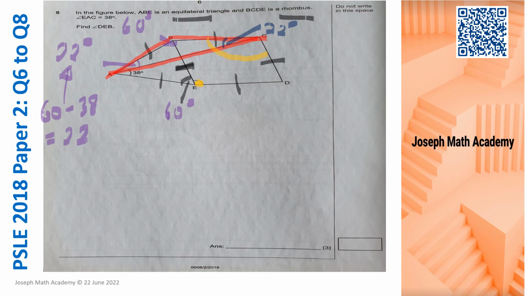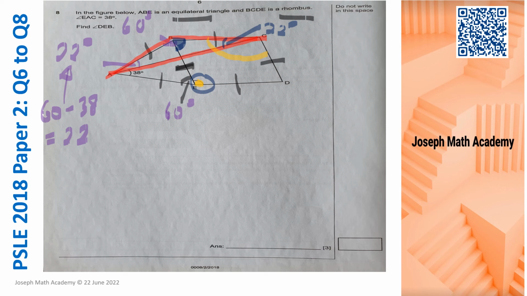Or we can even simply find this. Okay, I'm going to mark with this one. Okay, we find this. Once we find this, we can find this already because of angles in between two parallel lines.